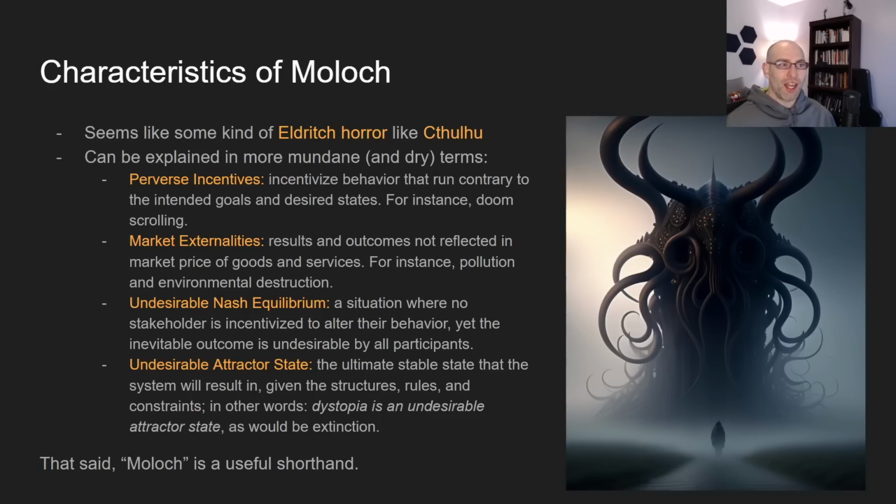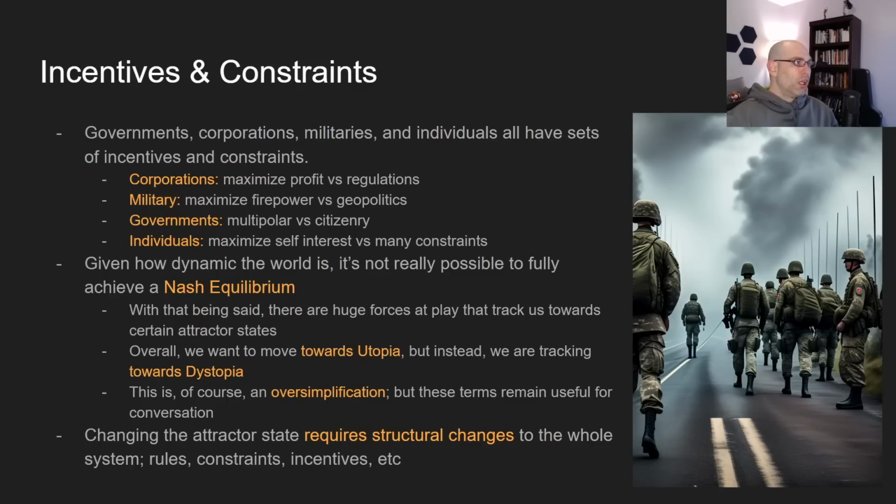So again, like I said, I don't particularly like the term Moloch because it's big and spooky and scary, but it is a useful shorthand to basically say the set of perverse incentives and market externalities and everything else that goes into the market theory, economic theory, and game theory of any system could be negative. So it's basically the monster.